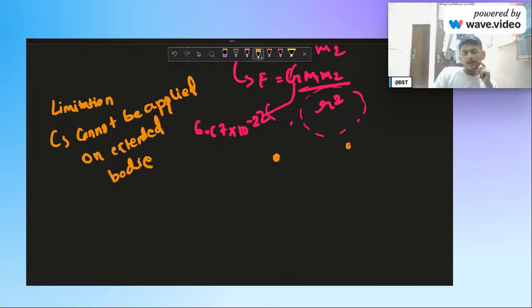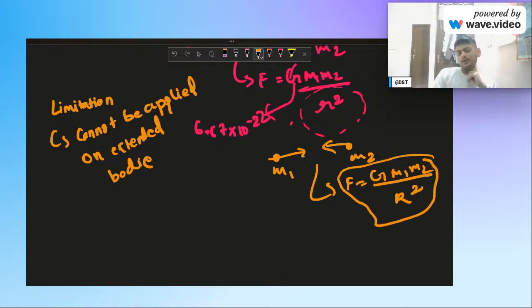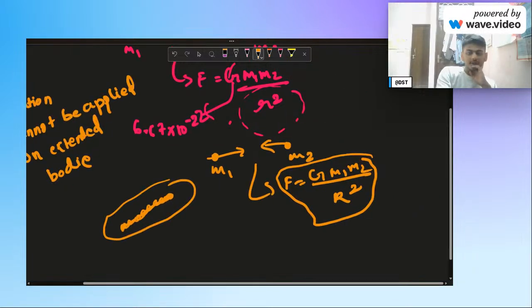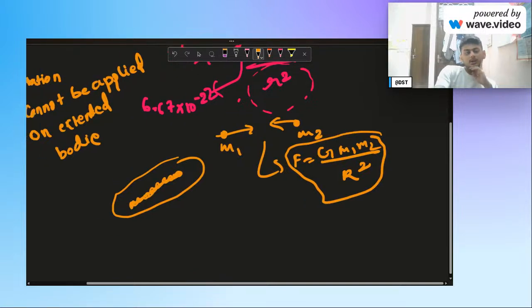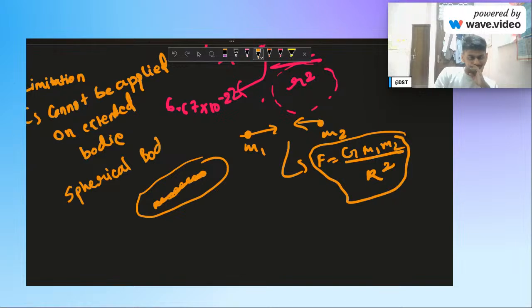Only if m1 and m2 are point masses will they follow the law F is equal to G m1 m2 by r squared. We have devised several different methods: all extended bodies are also made up of very small point masses, so we take that into the integration to find the forces. For spherical bodies, we assume them to be point masses.